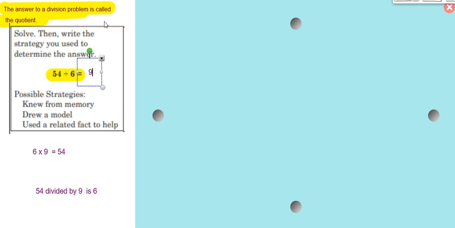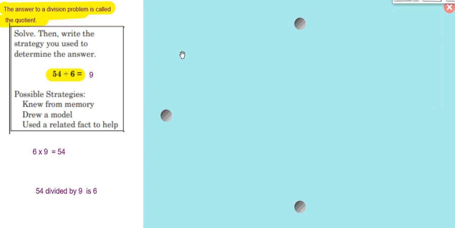But if I don't know the multiplication facts, then I need to come up with a different strategy. So in that case, I'm going to draw 6 circles, and I'm going to draw tallies until I get to 54. I do not prefer this option because if I do not write the tallies correctly, I am going to get the wrong answer.